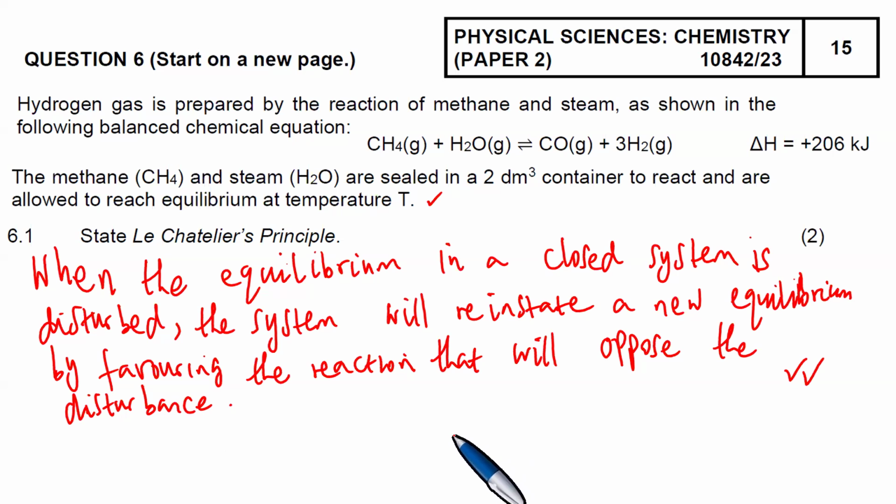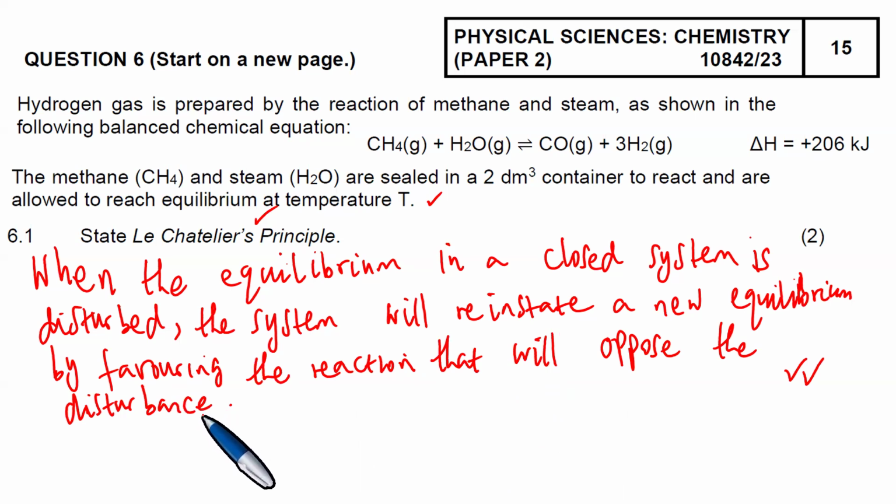We are dealing with reactions in equilibrium, but Le Chatelier's principle works if we disturb the equilibrium. So if you disturb the equilibrium in a closed system, the system attempts to establish a new equilibrium by favoring the reaction that will oppose the disturbance.